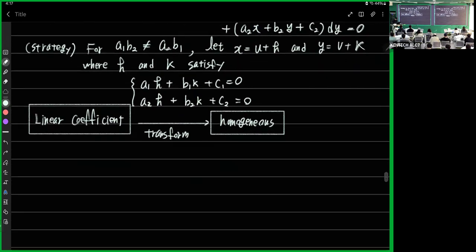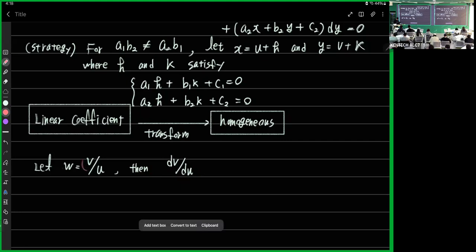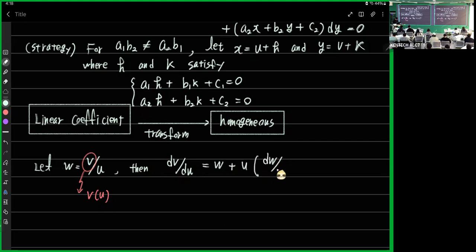Then you can rewrite the differential equation as homogeneous. Now, using a substitution, we can transform homogeneous to separable. Let w equal v over u. Keep in mind that v is a function of u. Then dv/du is equal to w plus u times dw/du.